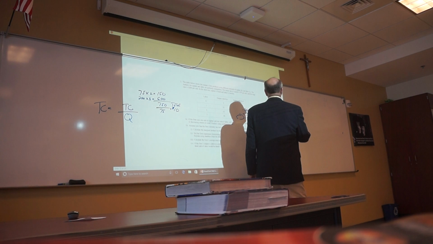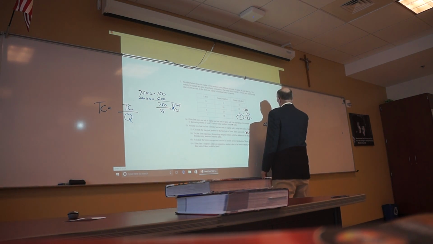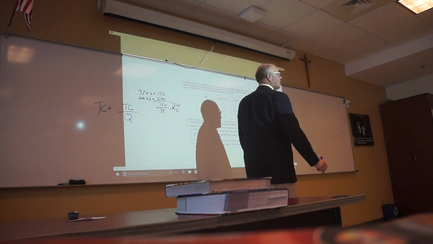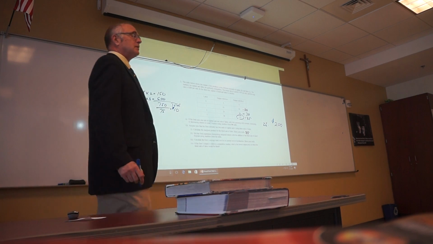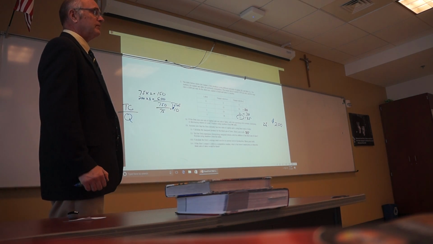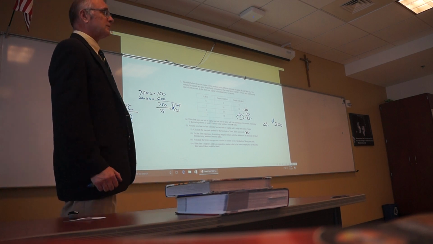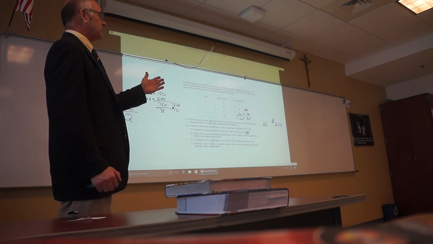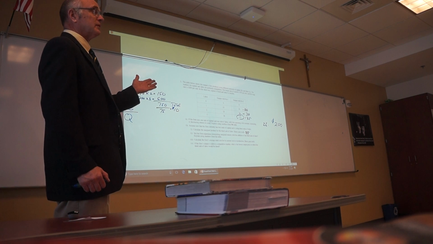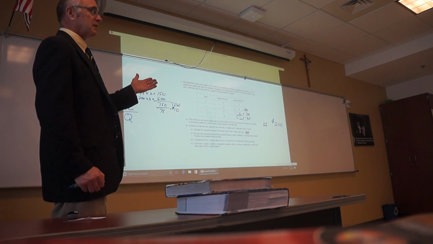So what does this firm have to charge per unit to be able to hire this worker? $8, right? Because 8 times 25 will give you 200, and then you break even. Okay.